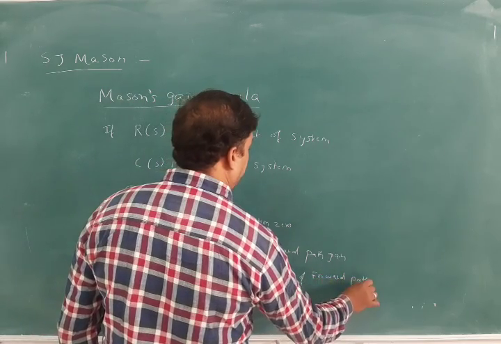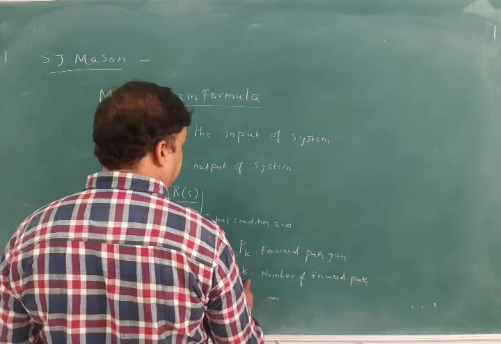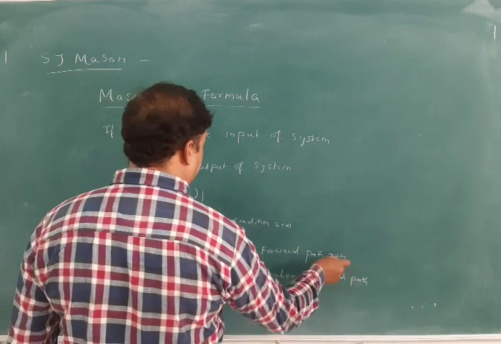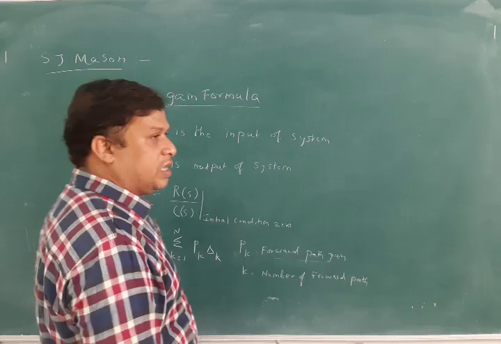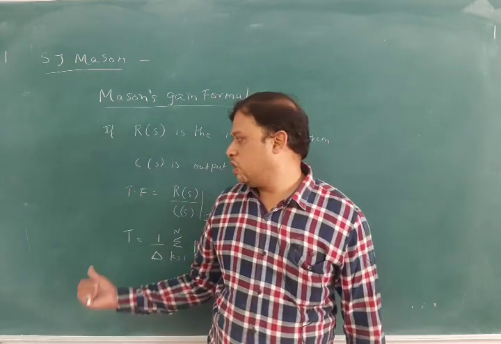Here we need to find Pk as well as k. We have to know the number of forward paths, and also the forward path gain. We call this T the overall gain, and also the transfer function.